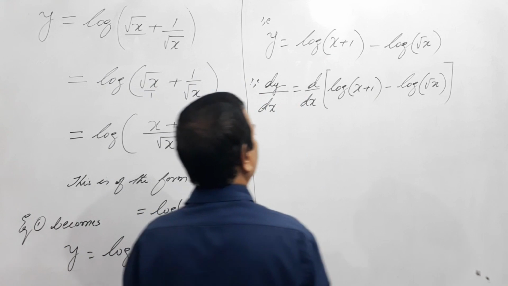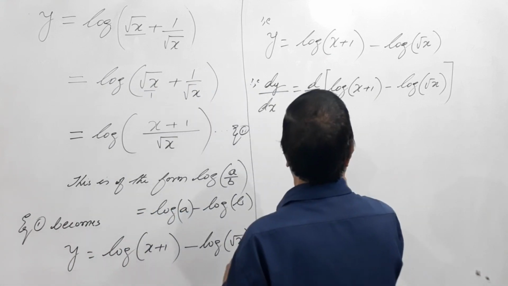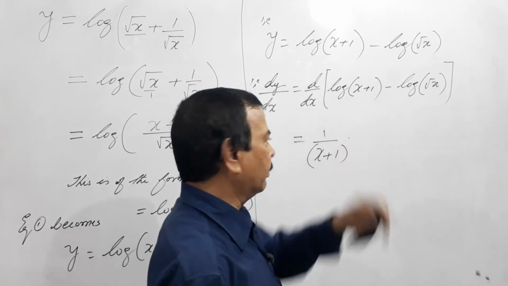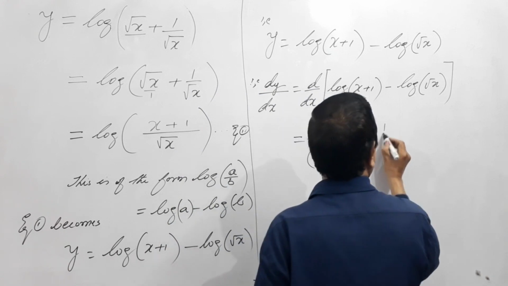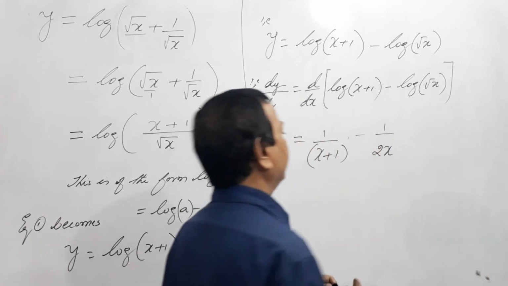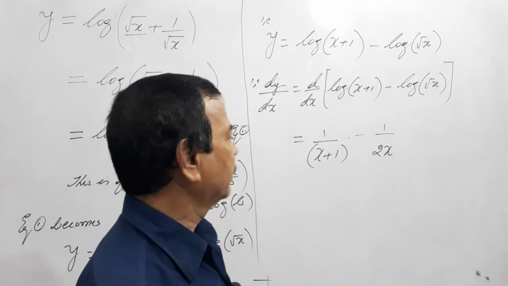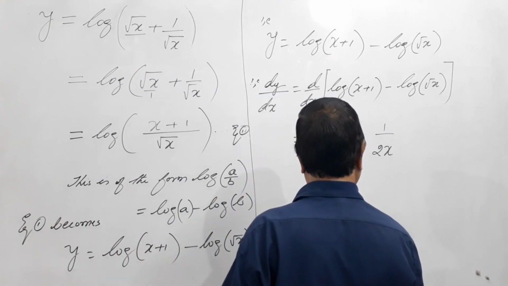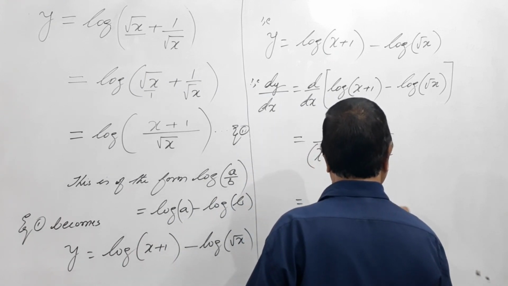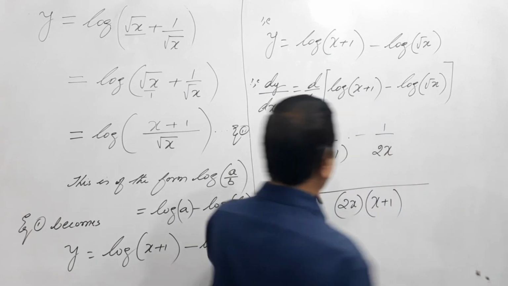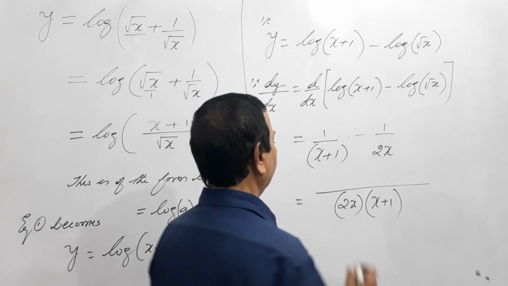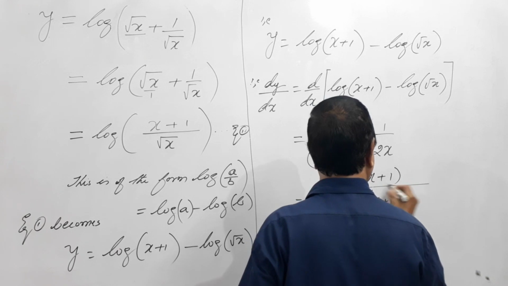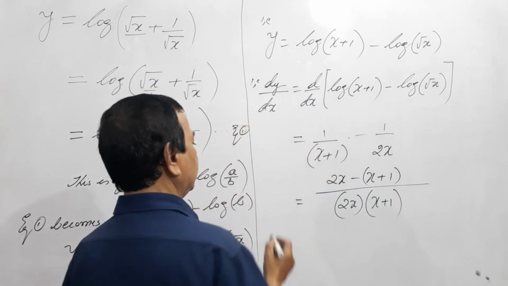If we differentiate this, it becomes 1 by x plus 1 into d by dx of x, which is 1, and this becomes 1 by 2x. Now we'll take LCM, that is 2x into x plus 1. So it goes one time, and you are left with 2x minus x plus 1 times. Done. This is our dy by dx.